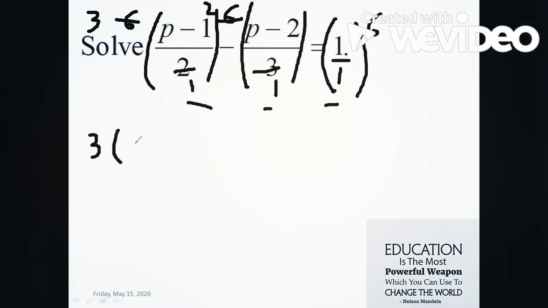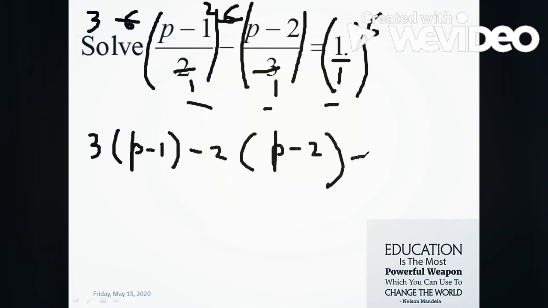So it's going to be 3p subtract 1, subtract 2, p subtract 2, equal 6 times 1.